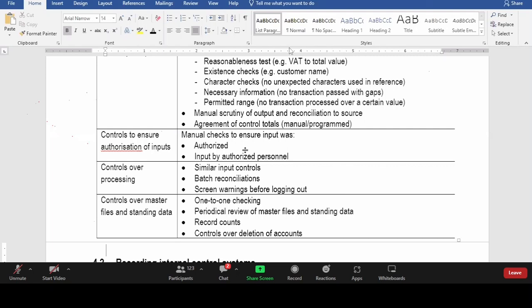What is a master file? I suppose you have covered these terms in IT.